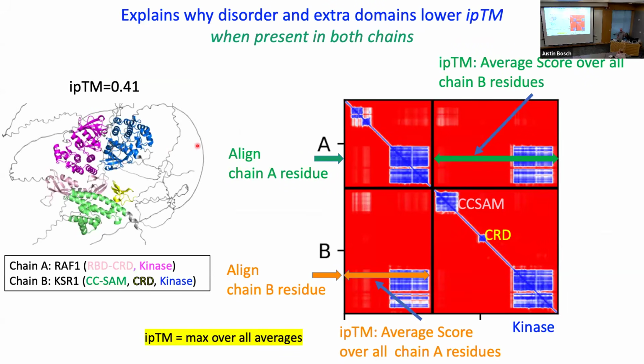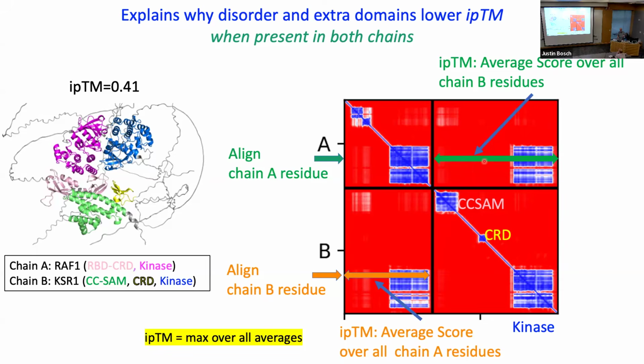So this mathematical formulation explains why, if there's lots of disorder and extra domains in both proteins, ipTM is kind of artificially low compared to what it really should be, given the look of the PAE matrix. And the reason is this: if I align on a residue in chain A, and I'm scoring all the residues in chain B, I'm evaluating that 1 over 1 plus d_ij stuff.